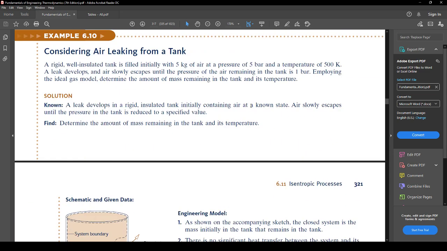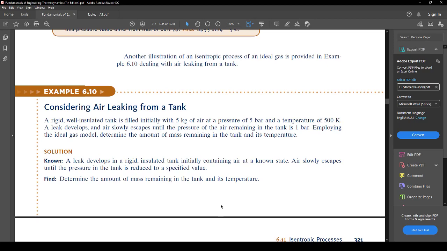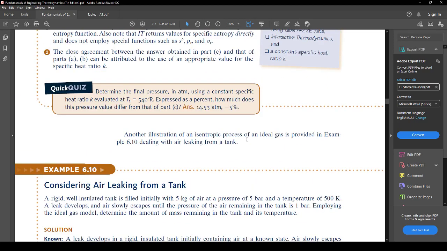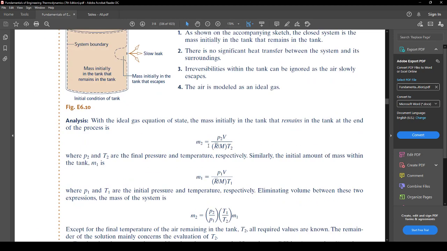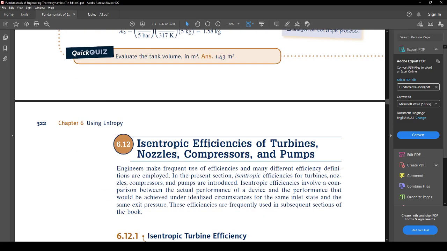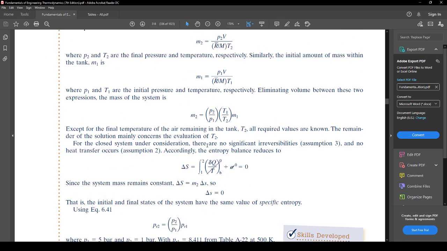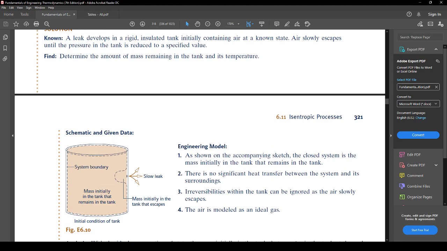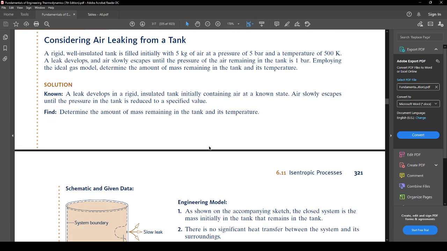All right. Let me see if this one's anything we need to really work on. Not really. We could do it though. Let me see. Actually, there was something.